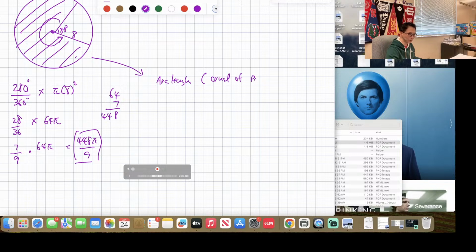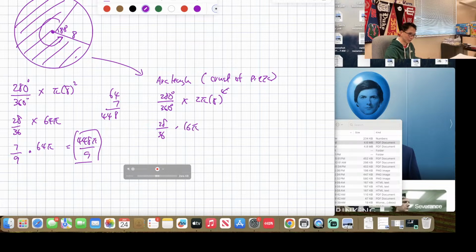But you still do the same thing because you can say arc length is equal to 280 over 360 times 2 pi times 8. Because this is 2 pi r, and 2 pi r is diameter times pi. So it'll be 28 over 36 again, times 16 pi.